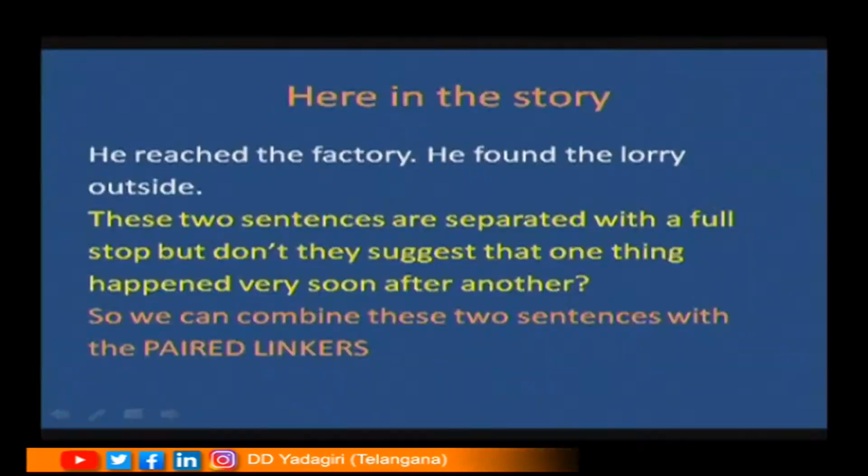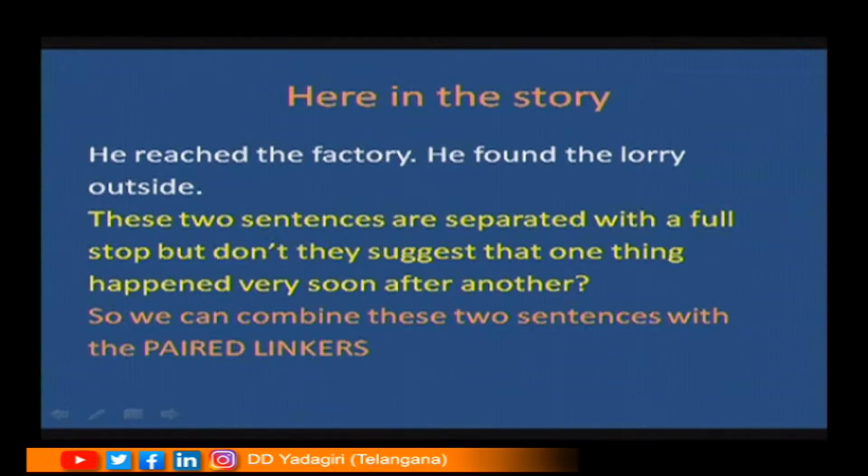That's the story, children. I think you have enjoyed listening to the story. Now let us look at some of the sentences from the story. He reached the factory. He found the lorry outside. These two sentences are separated with a full stop.